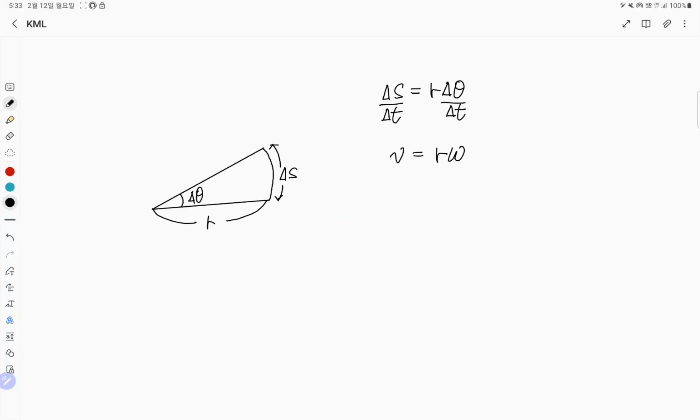And the direction of the tangential speed is perpendicular to the radius.